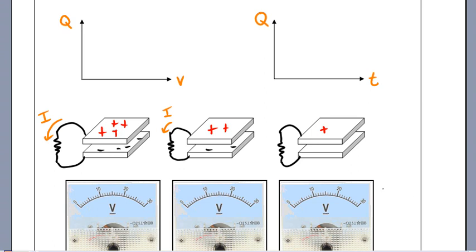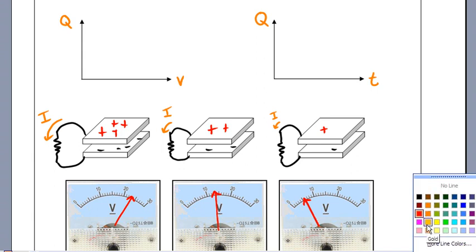If you were to put a voltmeter on this capacitor, which is what you've got down below there, it would be barely recording any voltage at all, and there would be barely any current going through that light bulb. So you'll see this voltage go from a fully charged capacitor voltage, and then it starts dropping down, diminishing as the Q diminishes.